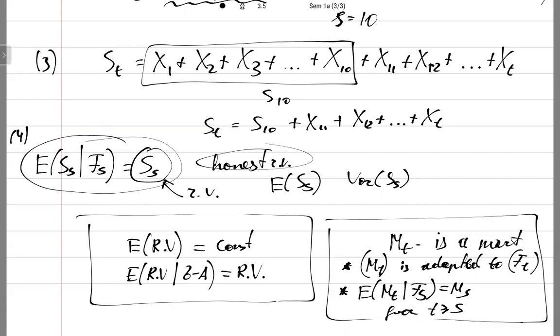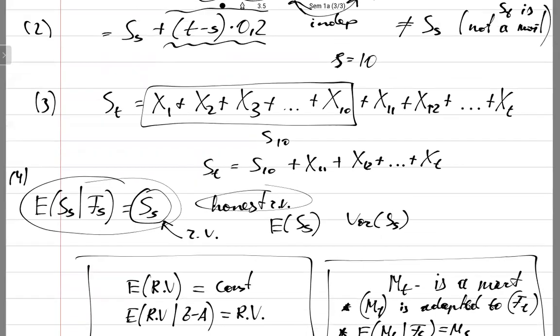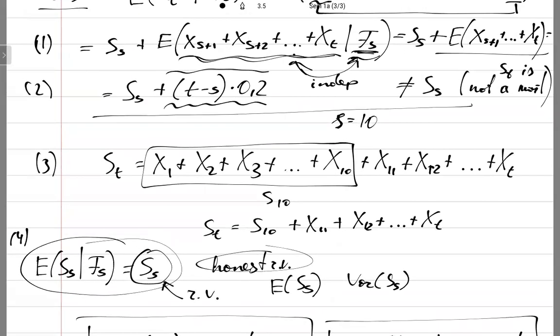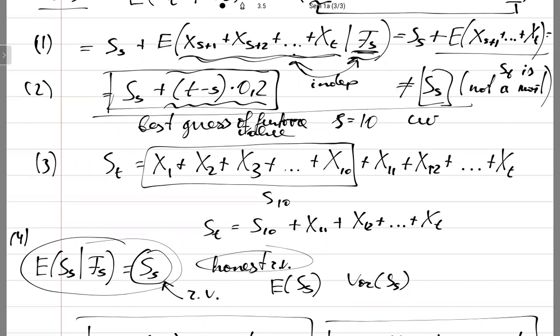So I apply it to X and S. I check whether the best guess of future value equals the current value. The best guess of future value is not equal to the current value, so it's not a martingale.